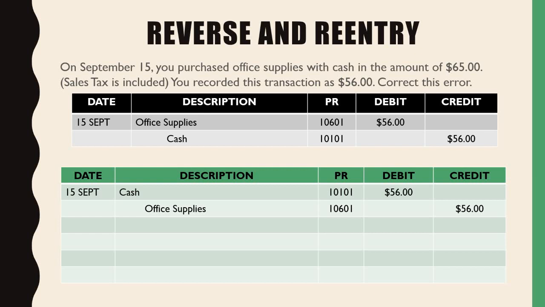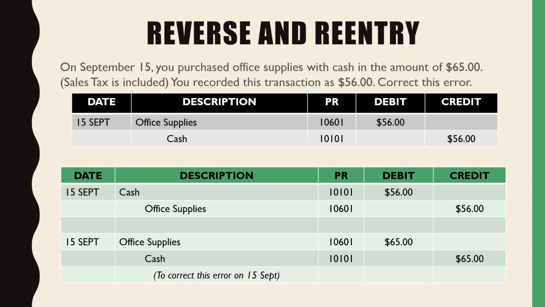So I'm going to do that by saying I should get my cash back and I should be returning the office supplies for the $56, okay? And then what I'm going to do is buy it back and record the office supplies and me spending the cash for 65. Okay? So this is using a real life scenario, so it makes it easier for you to understand how I do the reverse and reentry, right?